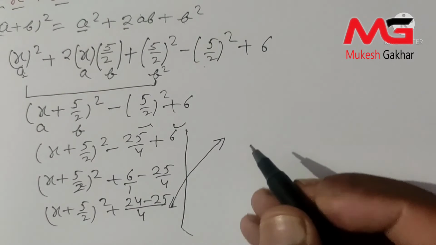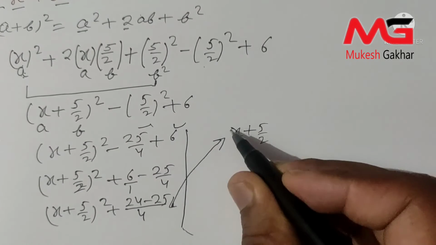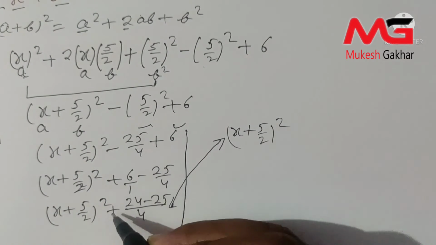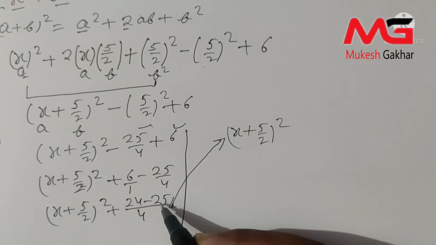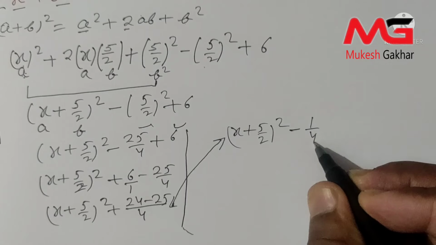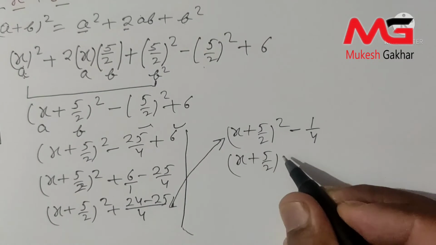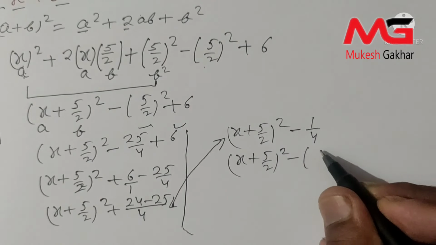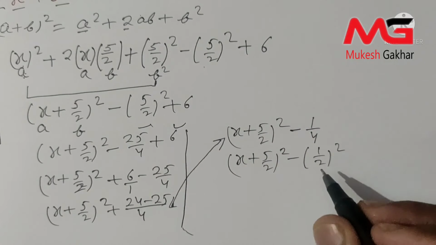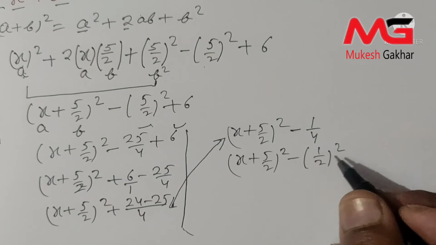After this you can write (x + 5/2) whole square, and 24 minus 25 will be minus 1, so minus 1 divided by 4. It will be (x + 5/2) whole square minus (1/2) whole square, because 1 by 2 multiplied by 1 by 2, 1 ones are 1 and 2 twos are 4.